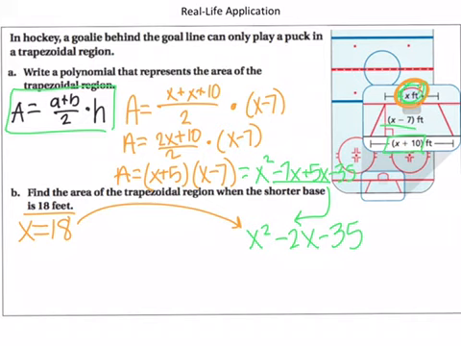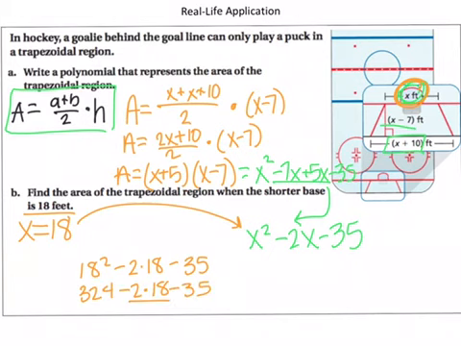So we have 18 squared minus 2 times 18 minus 35. So as we go ahead and solve, 18 squared is 324. I'm going to rewrite everything else. We're doing order of operations. I go ahead and multiply, and we get 324 minus 36 minus 35.